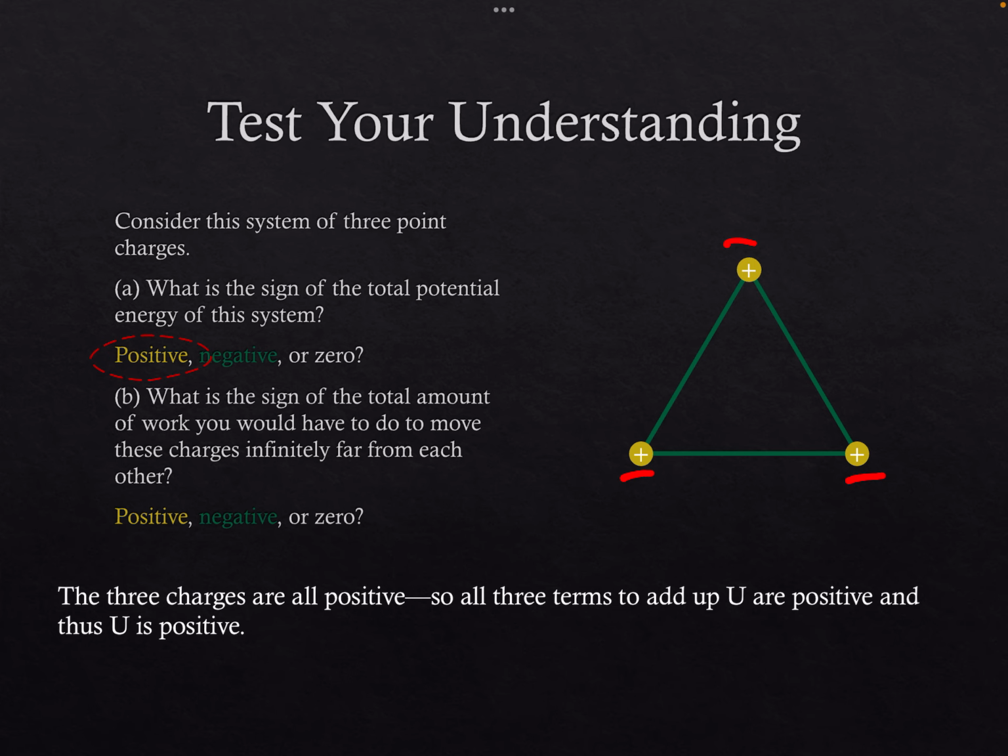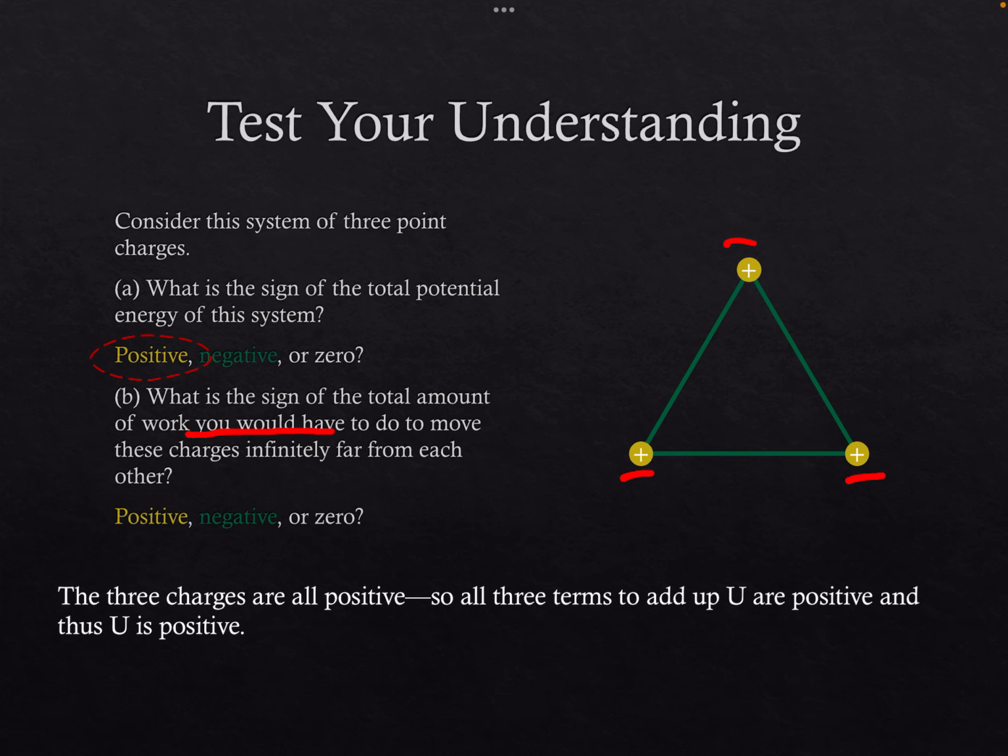What about the sign of the total work you would have to do, aka external work, not work by the field, in order to move these charges infinitely far apart? Let me give you maybe an analogy that will help you understand this.